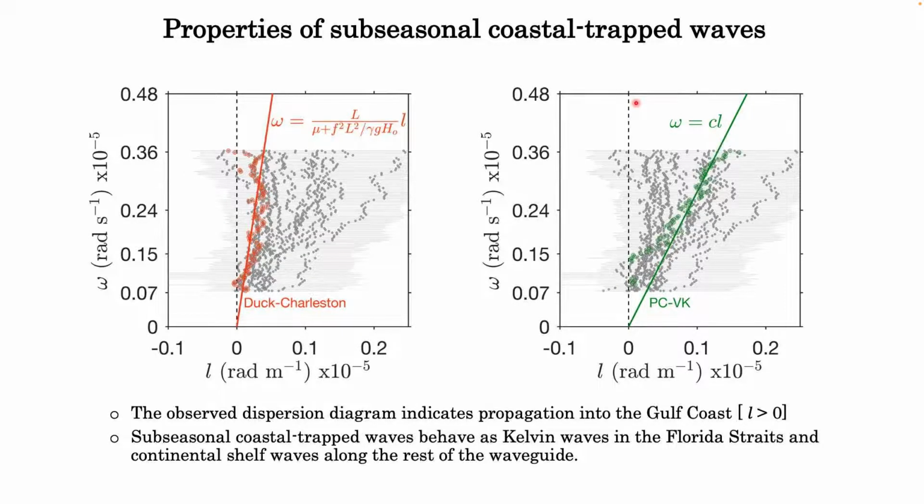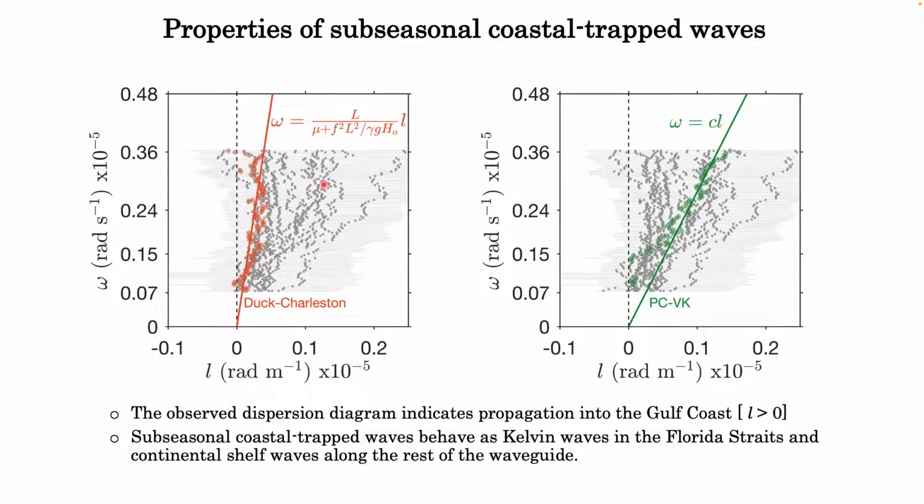Of course, from the sea level anomalies data, we can also infer another wave feature, which is the dispersion relation. What we are seeing here, the gray dots, are the dispersion diagram inferred from sea level anomalies from multiple pairs of tide gauges along the coast.